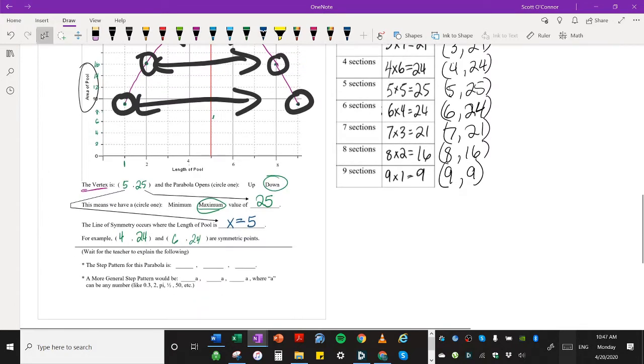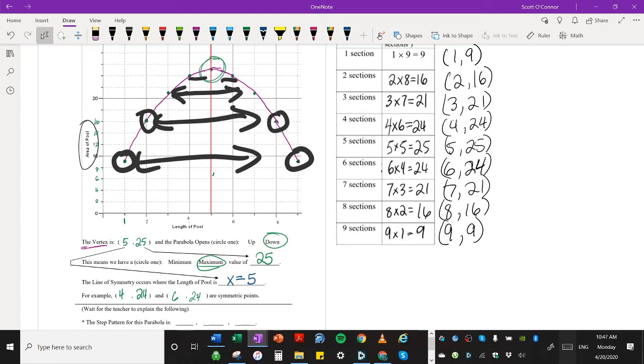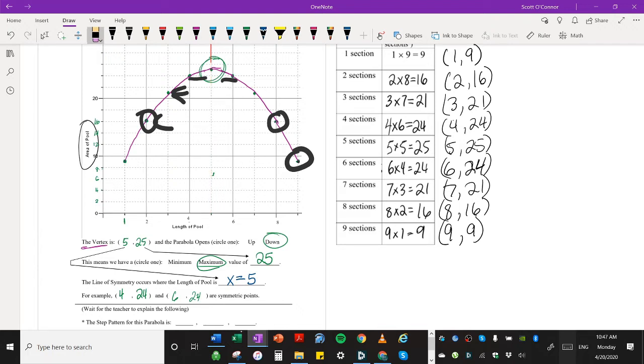All right, now we need to look at the step pattern, and I'm going to need to erase some of this here so that we can get a better view of what the step pattern is. This is very important. There we go. All right, so the step pattern.